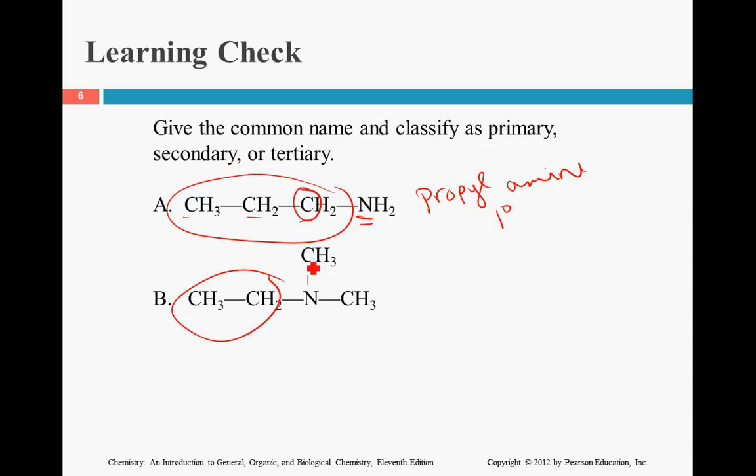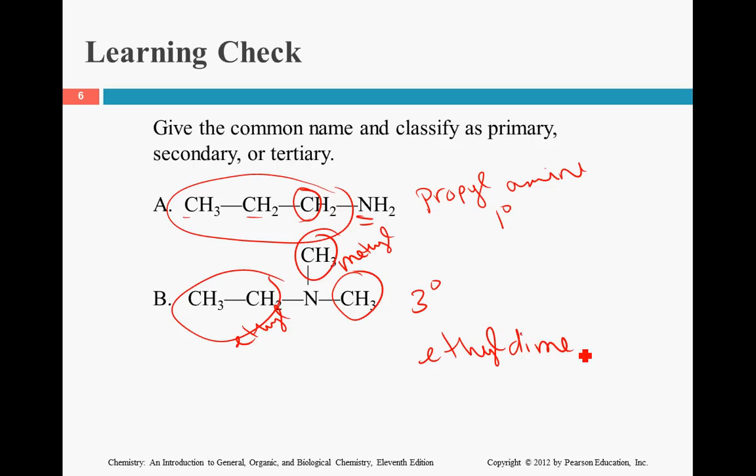Here, we have 3 groups attached to the nitrogen, which means it's tertiary. These 2 are methyl groups, and this is an ethyl group. Alphabetically, it's ethyl. There's 2 methyl, so it's dimethyl. And then followed by amine, because it's a nitrogen compound.